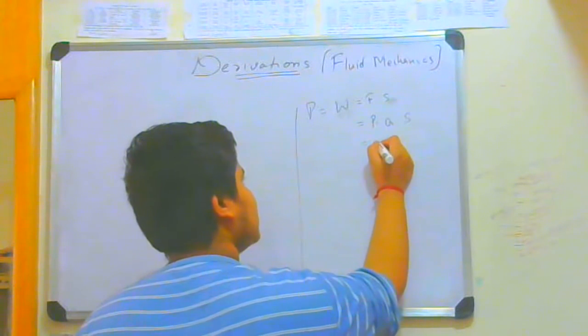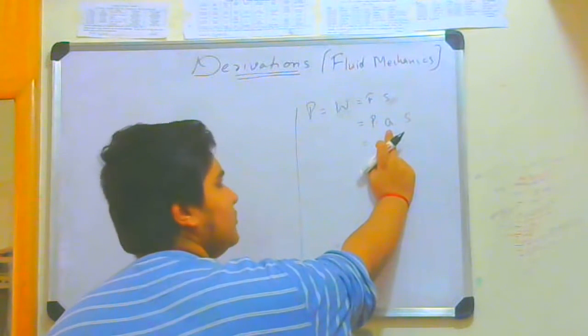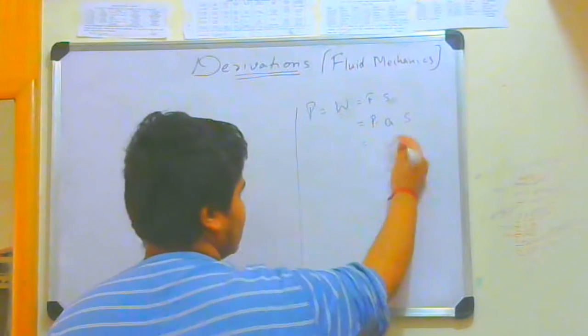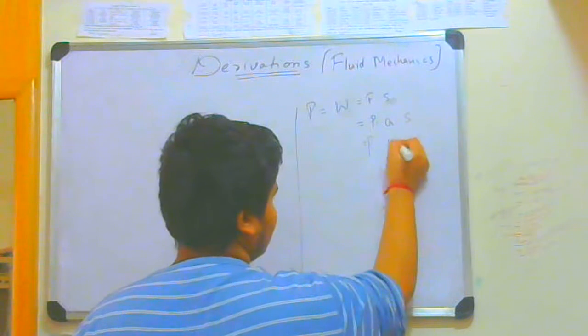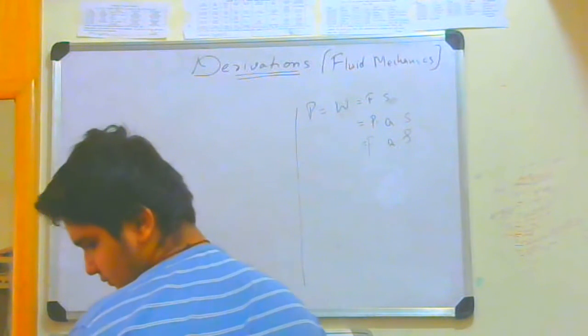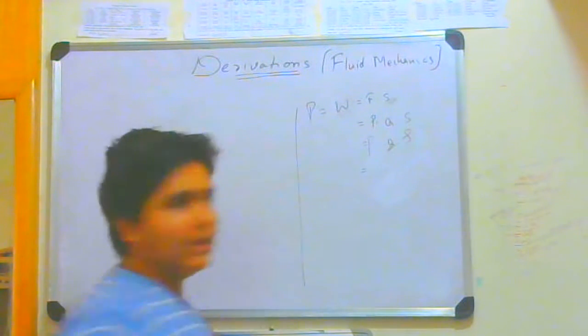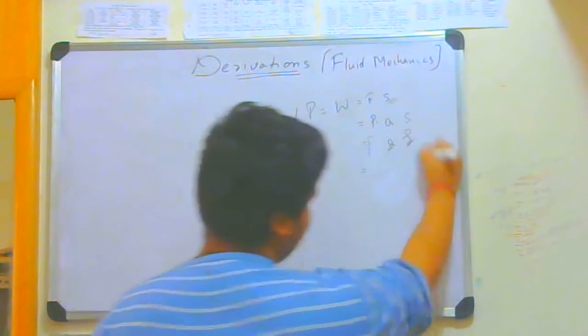Pressure can be written as force upon area. So pressure A S, और यहाँ पे A is nothing but your area, S is your displacement.